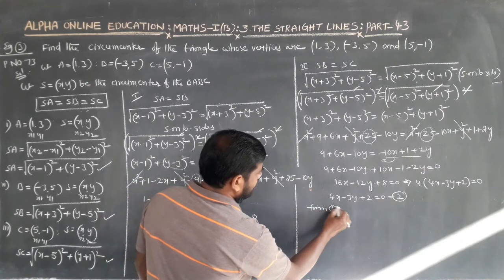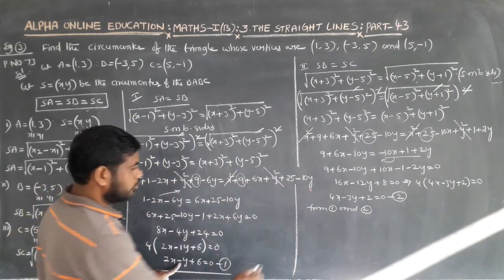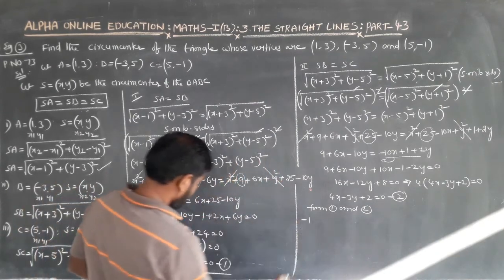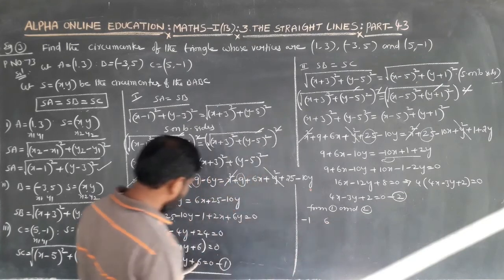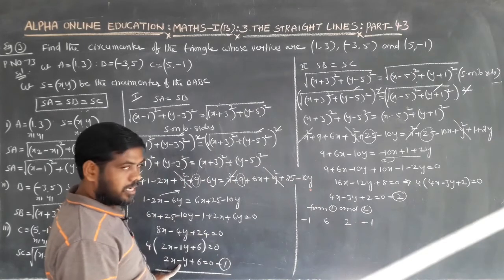From 1: y coefficient is minus 1, constant is 6, x coefficient is 2, y coefficient is minus 1.